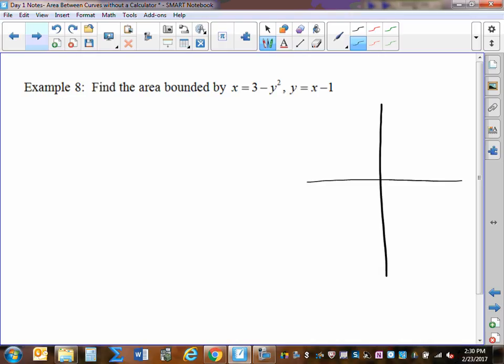Alright, so here, if we actually solve for y, then I would have y squared equals negative x plus 3. Right? Let's subtract 3. So this is going to indicate that it's going to look like a parabola but turned sideways. If you don't catch that though, you can still take the square root of both sides. You're going to have y equals plus or minus the square root of negative x plus 3.